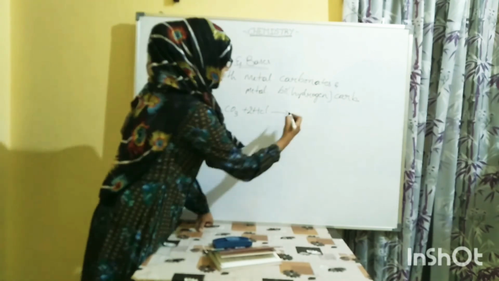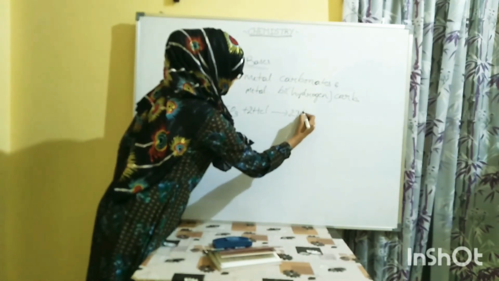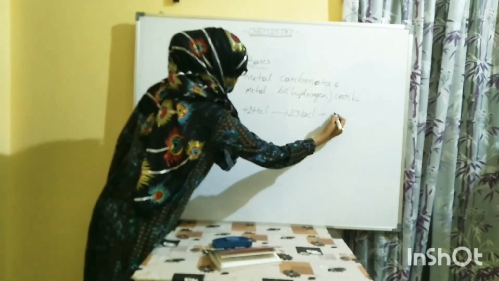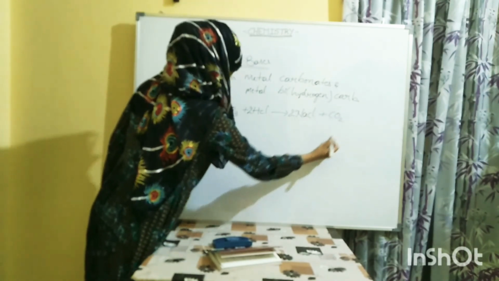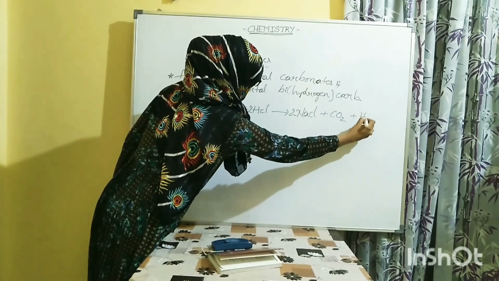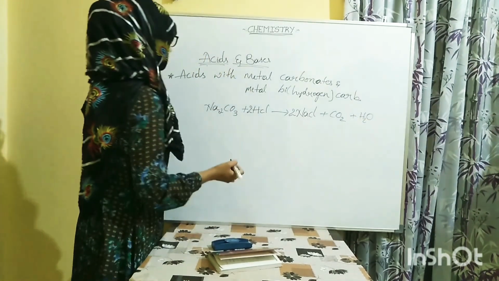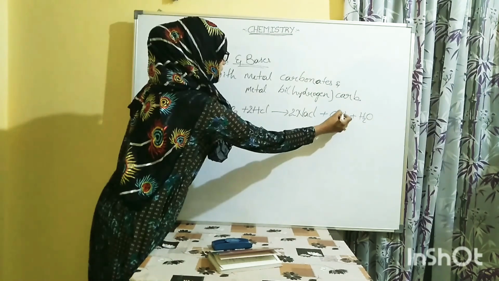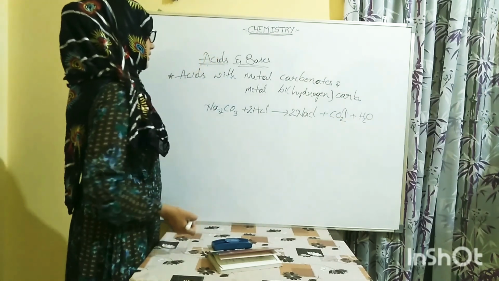What do we get? We get a salt plus liberation of carbon dioxide plus water. See whether the reaction is balanced or not. So the CO2 gas is liberated.